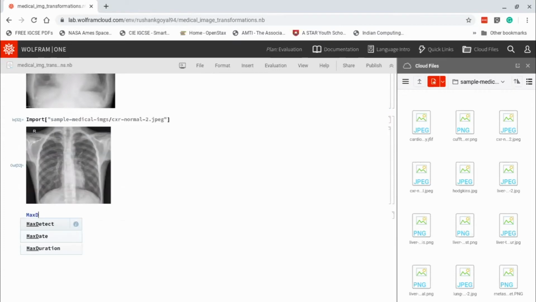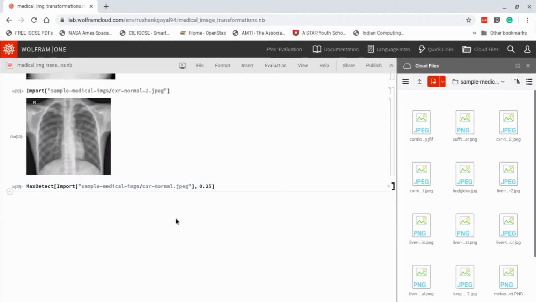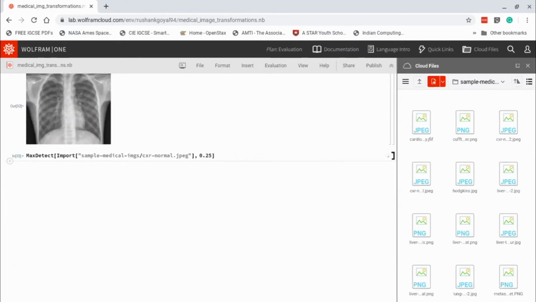So again, we use the function MaxDetect. And this value, again, has to be found by trial and error, 0.25. Okay, yeah, this is a large file, as I said.